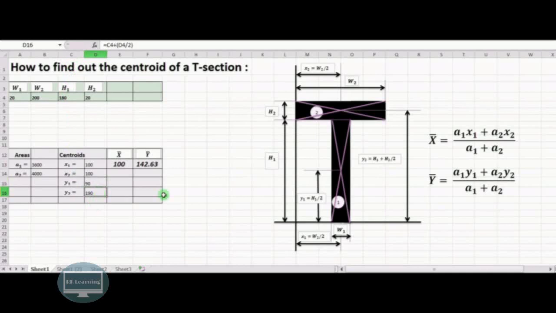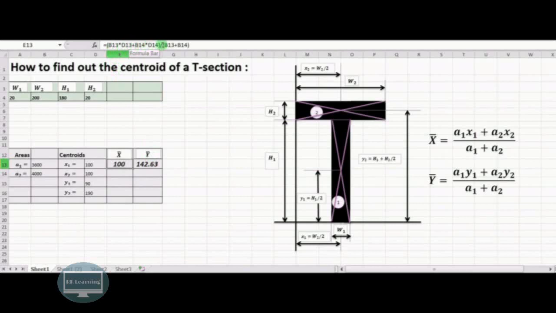Similarly, y2 will be equal to h1 plus h2 upon 2, where h1 is C4 and h2 upon 2 is D4 upon 2. In this way we have calculated the values of x1, x2, y1, y2, and then we have substituted these values in the formula a1x1 plus a2x2 divided by a1 plus a2.